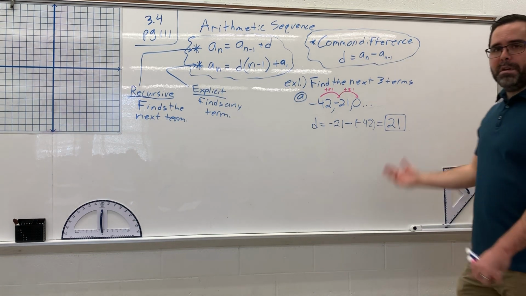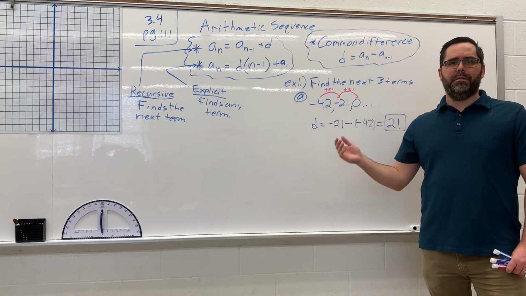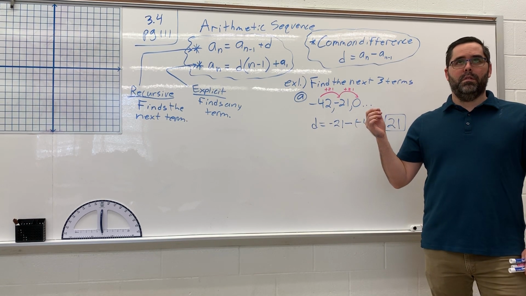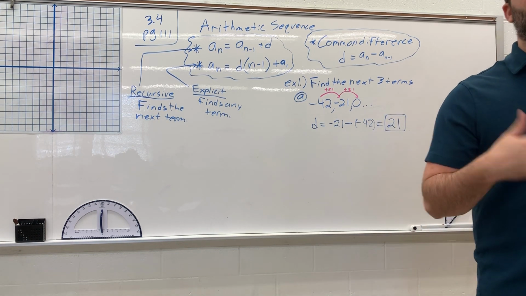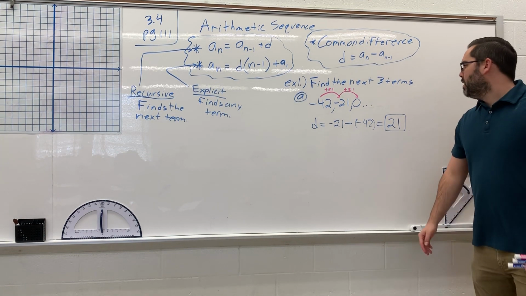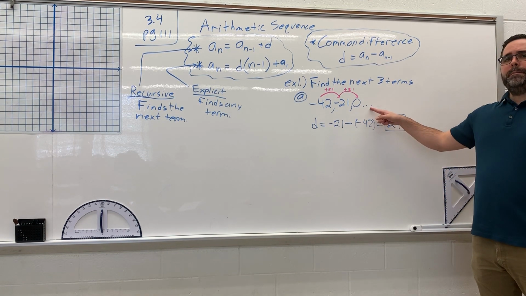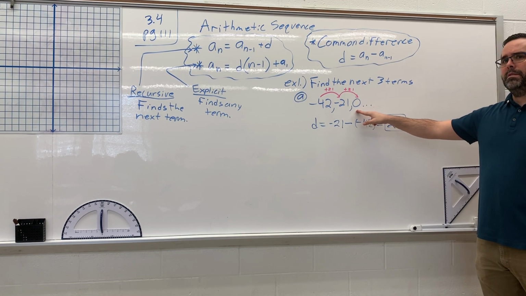So to find the common difference, you subtract any term from its next term. So subtract the first term from the second term, or the fifth term from the sixth term. Right? So what would be the next term here? 21. So what is 21 minus 0? 21.